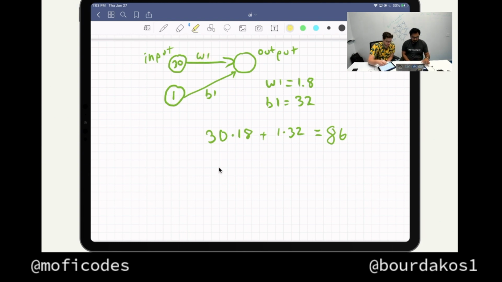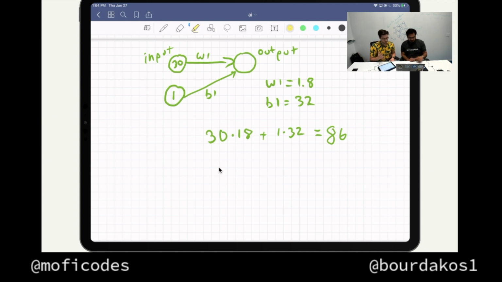In our ideal Celsius to Fahrenheit converter, our weight 1 will be 1.8, and our bias 1 will be 32. We know this weight and bias because literally the formula of conversion is this. So when we build a model, we expect it to converge to these values.